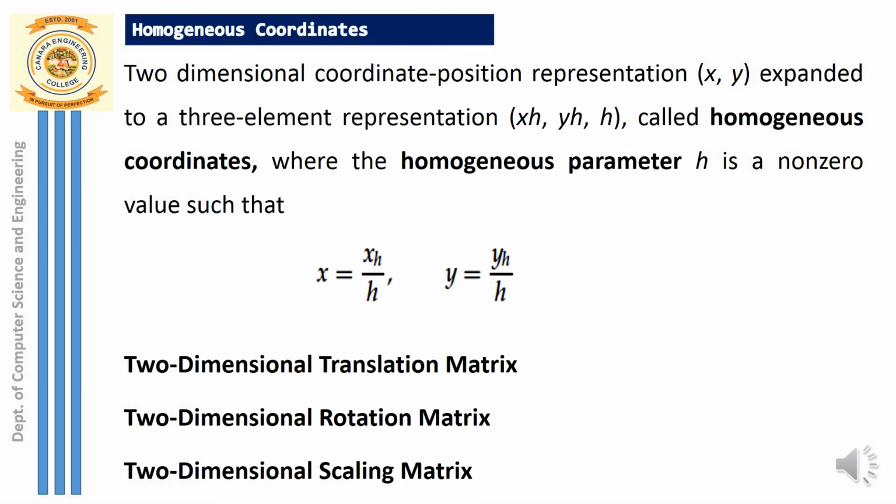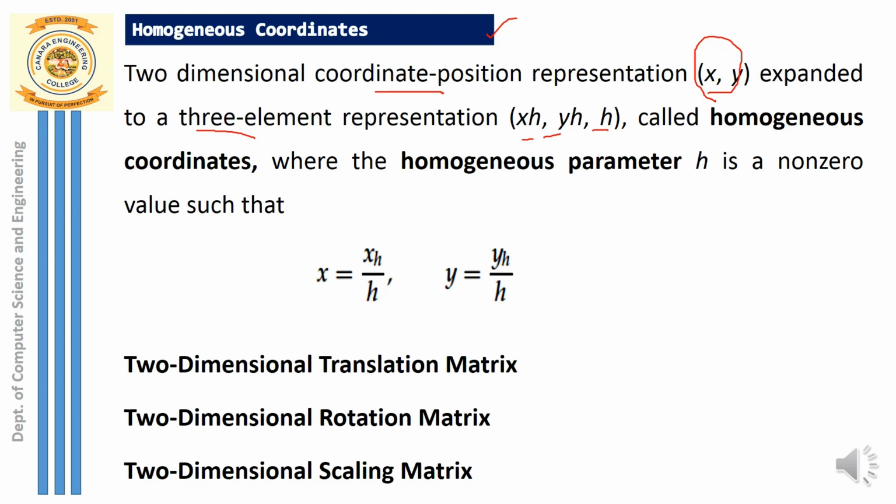Next we will see how to represent this homogeneous coordinate system. In a two-dimensional coordinate position representation, we consider only the x coordinate and y coordinate. But since we are going to consider the homogeneous coordinate system, even if it is a 2D point, we will expand this representation from x, y to 3 elements, that is xh, yh and h.